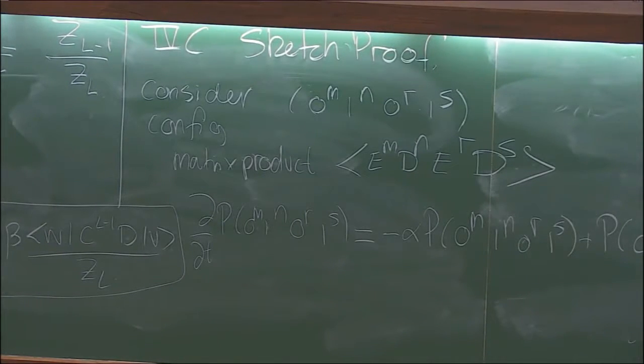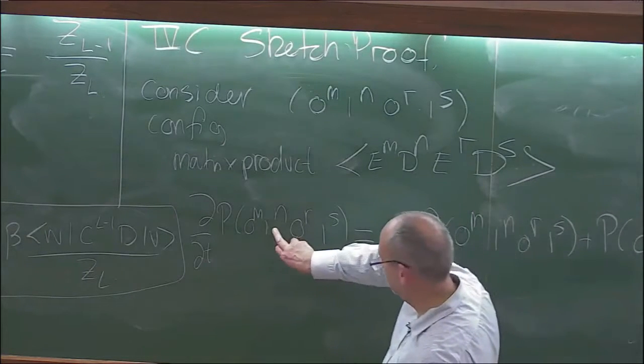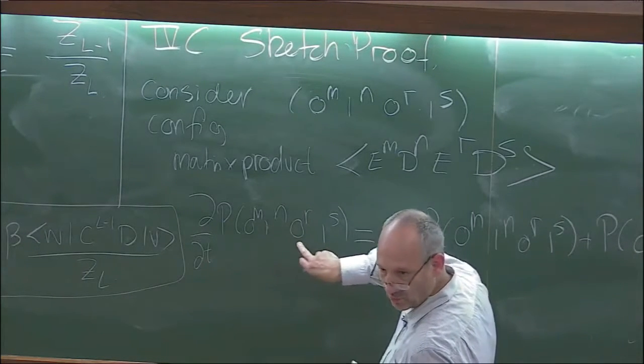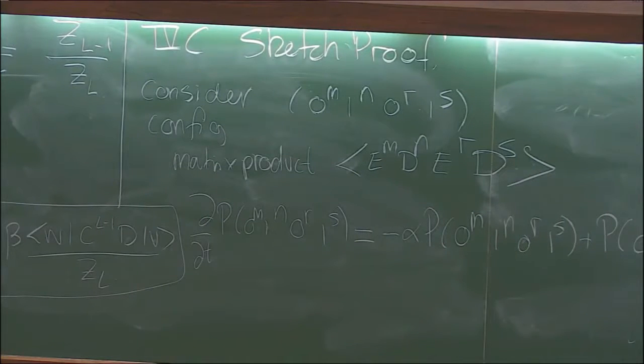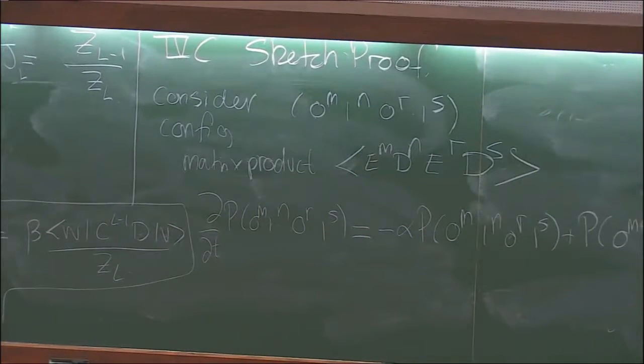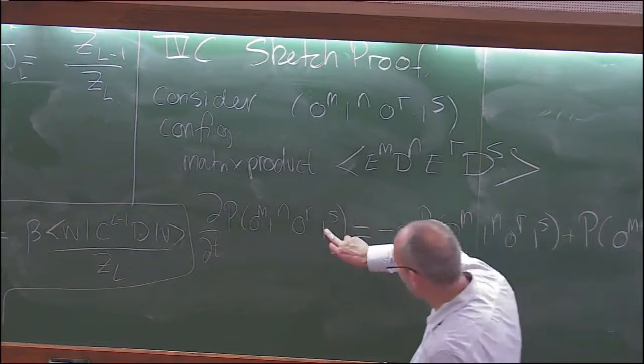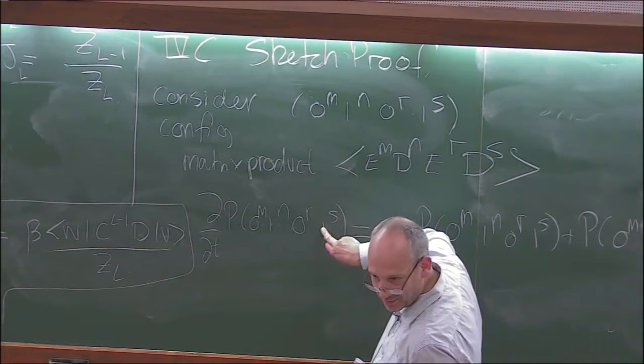Then, okay, I can leave from this one hopping forward. So I get a minus probability of 0^m 1^n 0^r 1^s. I can get into this configuration from this one having come from there.